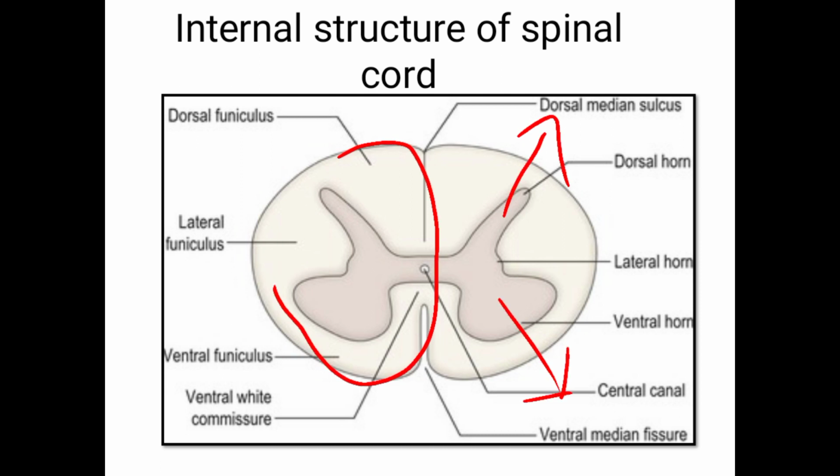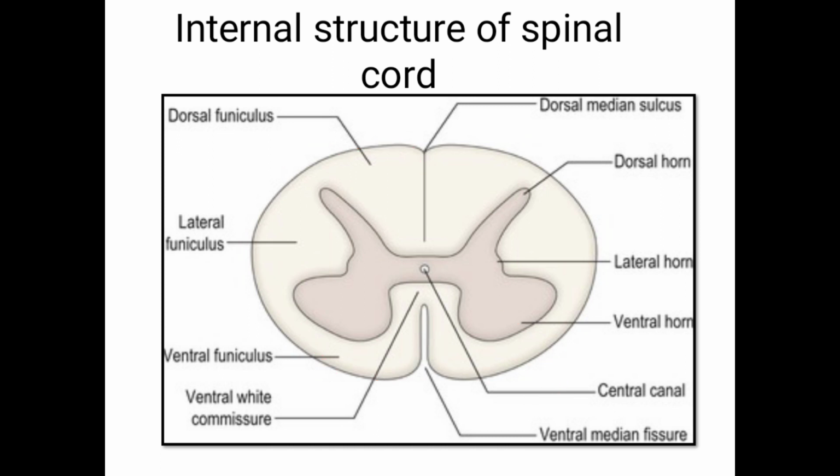The posterior horn we call the dorsal horn and the anterior horn we call the ventral horn. Okay, so the grey matter of right and left half is connected across the midline by a grey commissure, which is traversed by a canal. That canal is called the central canal. This is the central canal.